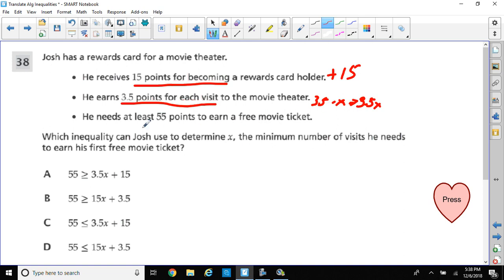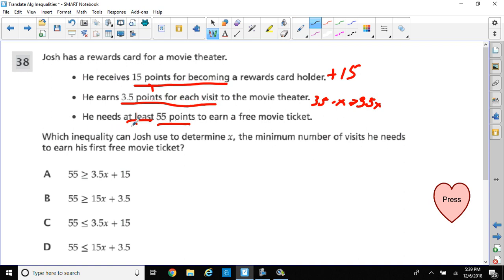He needs at least 55 points. What do you mean by at least? Well, if he gets 55 points, he'll get in. If he gets more than 55, he'll also get in. So it can be at least, and if you look at our definitions, we said at least was greater than or equal to.